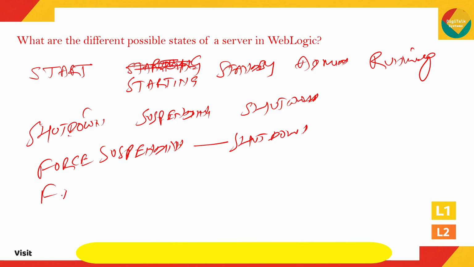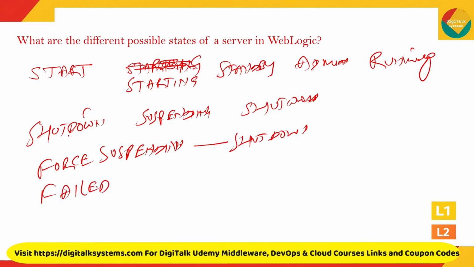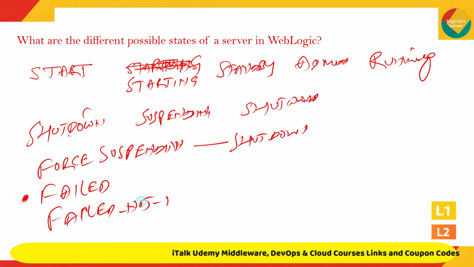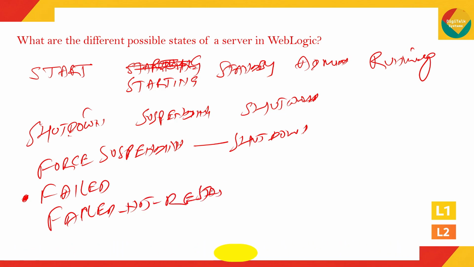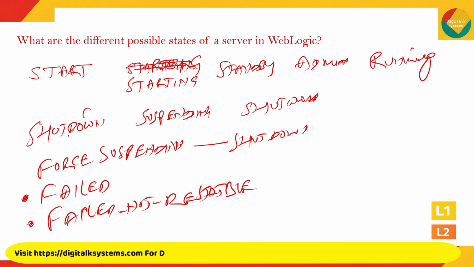And there would be another state called failed. Multiple times you will see the server state will be failed in case of any issues. And one more, failed, not restartable.